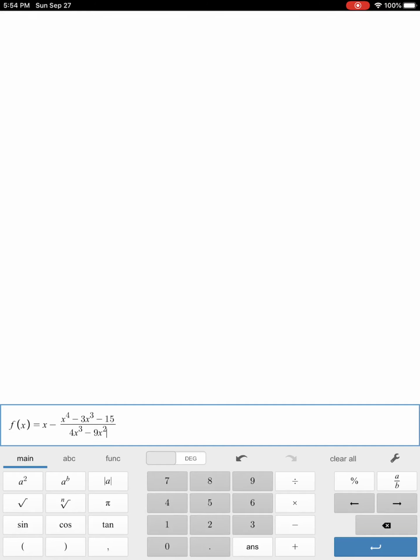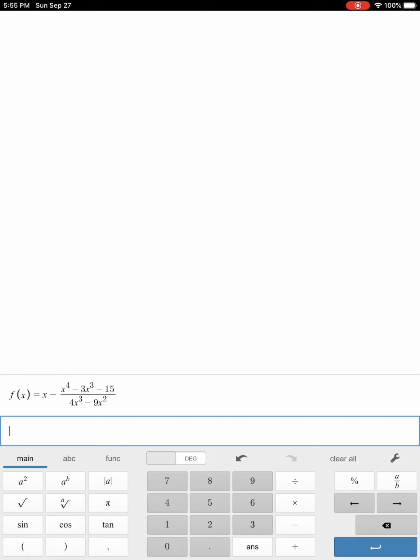If it was our formula, all of these x's should have n under them, but that's just what we're plugging into this.